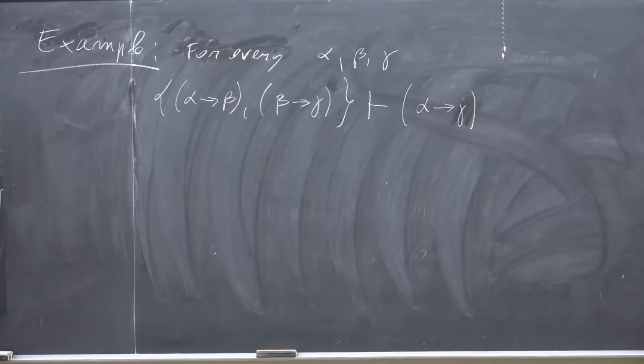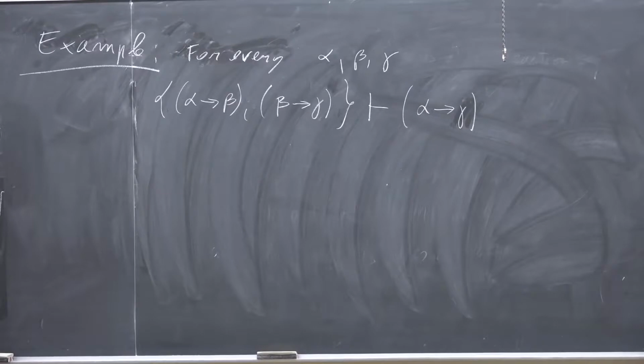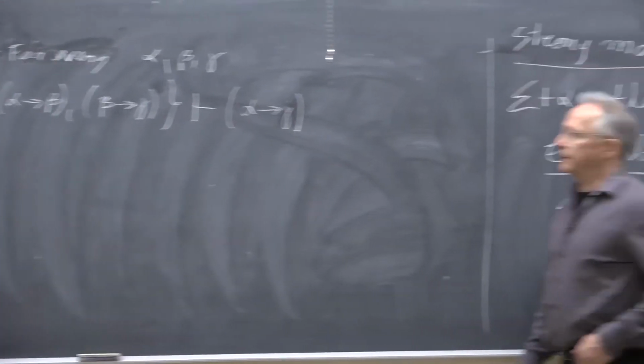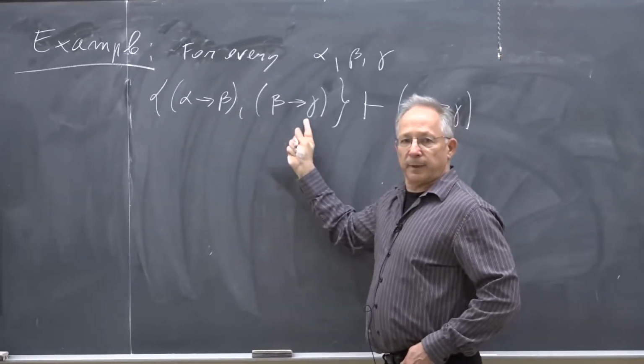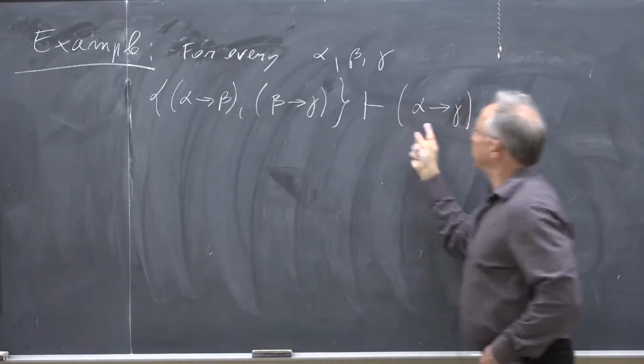This is a very natural thing we would like to have in our proof system. If I assume that alpha implies beta, and I assume that beta implies gamma, I can conclude that alpha implies gamma.